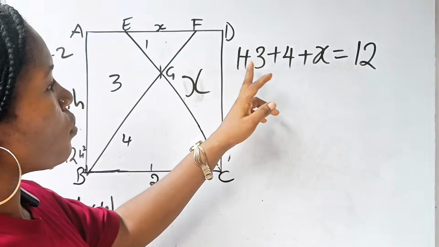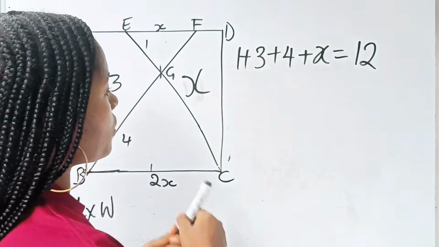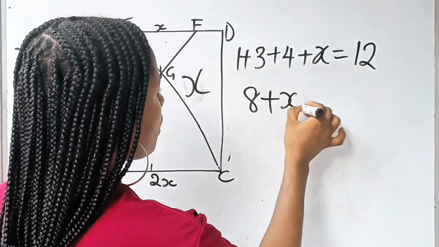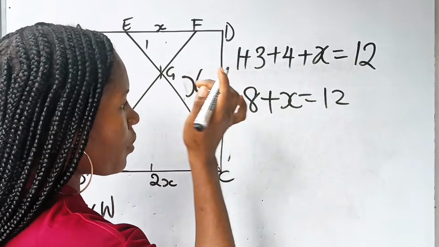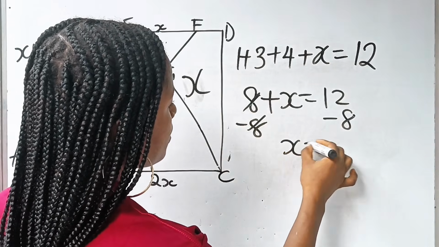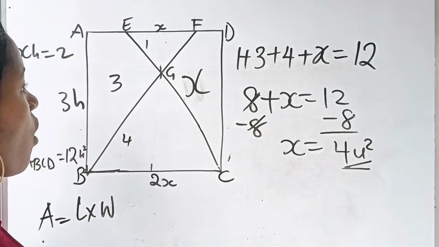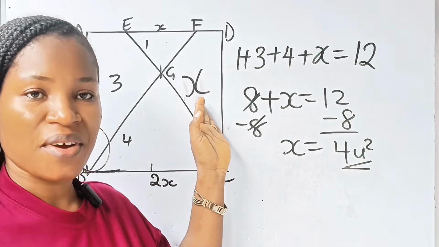So 1 plus 3 is 4, 4 plus 4 is 8. So we have 8 plus X is equal to 12. Taking away 8, we have X is equal to 4 units squared. So that is the area of the unknown portion of the rectangle.